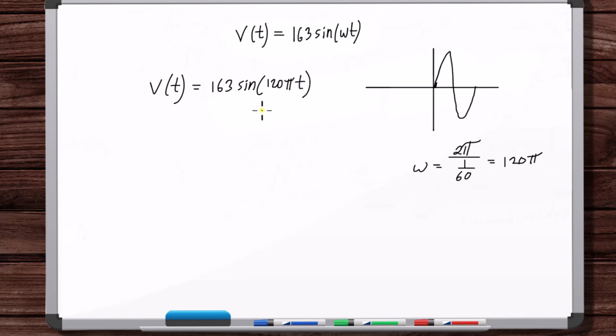Okay, so then the next thing we were asked is if we had a voltage given by 163 cosine of omega t plus psi, then what must the psi be to where this is equal to this? Like if you have a certain value of psi, then this just simplifies to 163 sine of omega t.